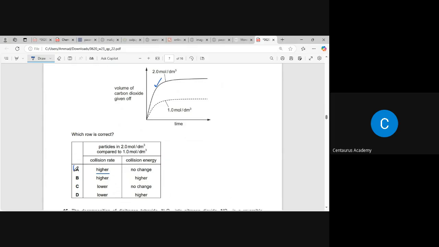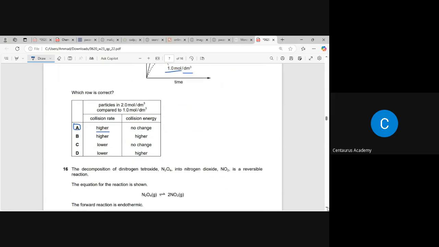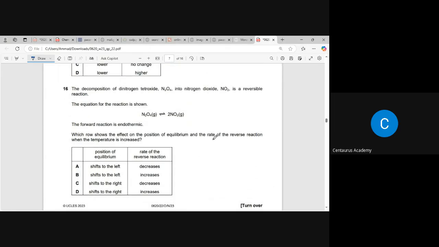Why? Because of the greater number of molecules within the same volume. The volume still stays the same, 1 decimeter cube, but now the amount of moles has changed, which means more particles. More particles will have more frequent collisions.